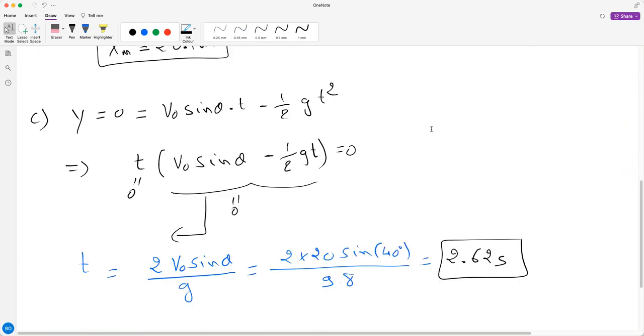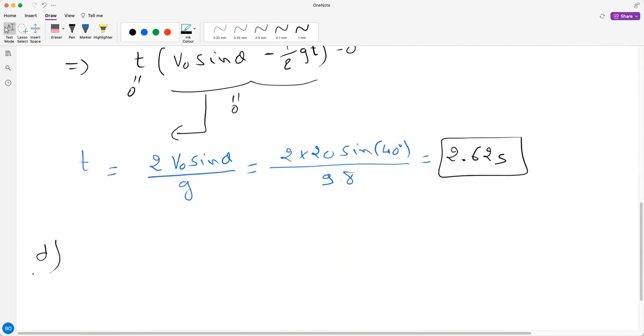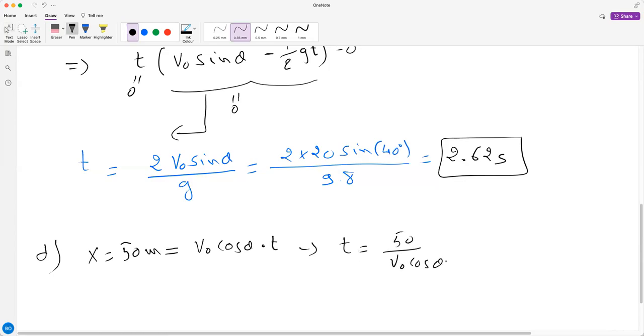This is question D. At which time will the ball be 50 meters away from the initial position? From equation 2, the time at which it will reach 50 meters is 50 meters divided by v0 cosine theta, and you can easily see that it's equal to 3.3 seconds.